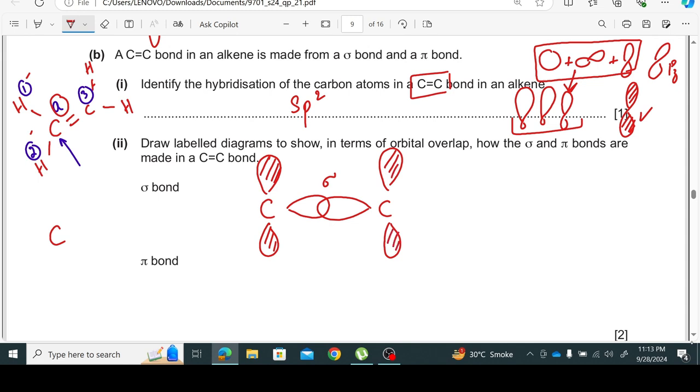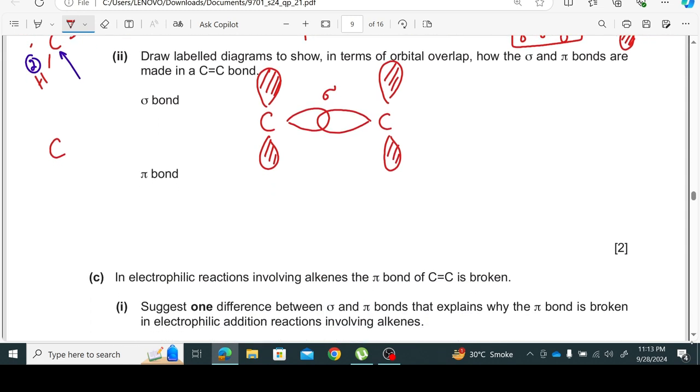So pi bond will form when these two pz unhybrid, you can draw them here like this, pz and pz, when they overlap side to side, parallel overlapping, they are making a pi bond. Okay, so you can explain that. So this is the strong bond, and this pi bond is weak.